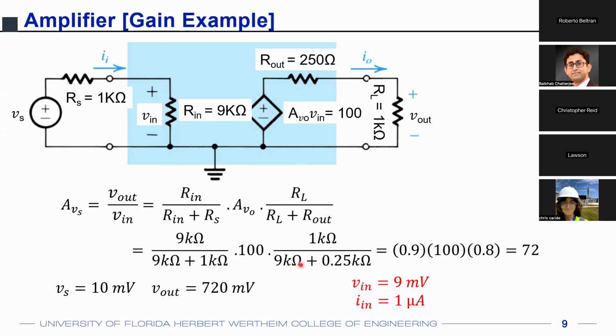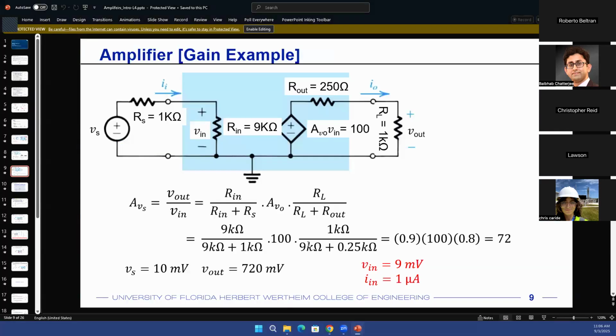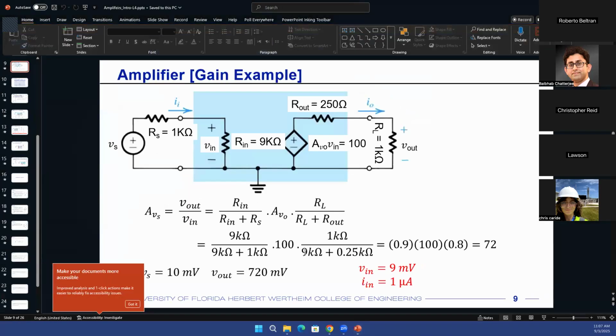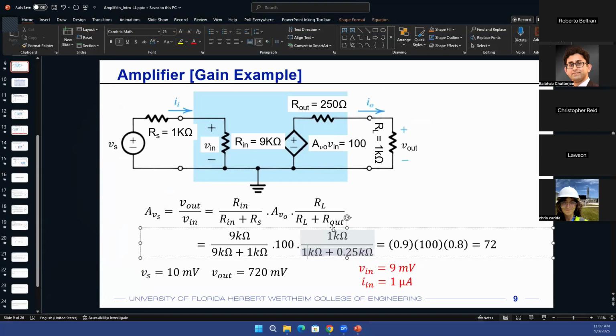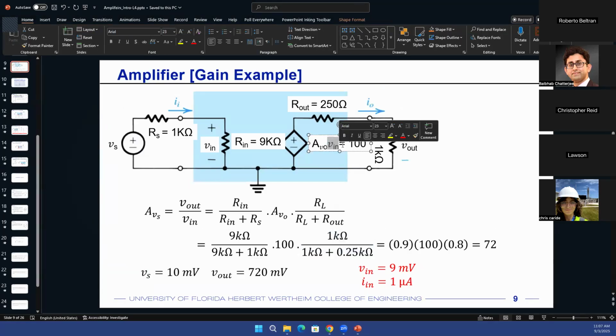again, I believe there is a typo here. So let me just correct it right now. So this should be 1 kilo. And let me, for the sake of correctness, change this.